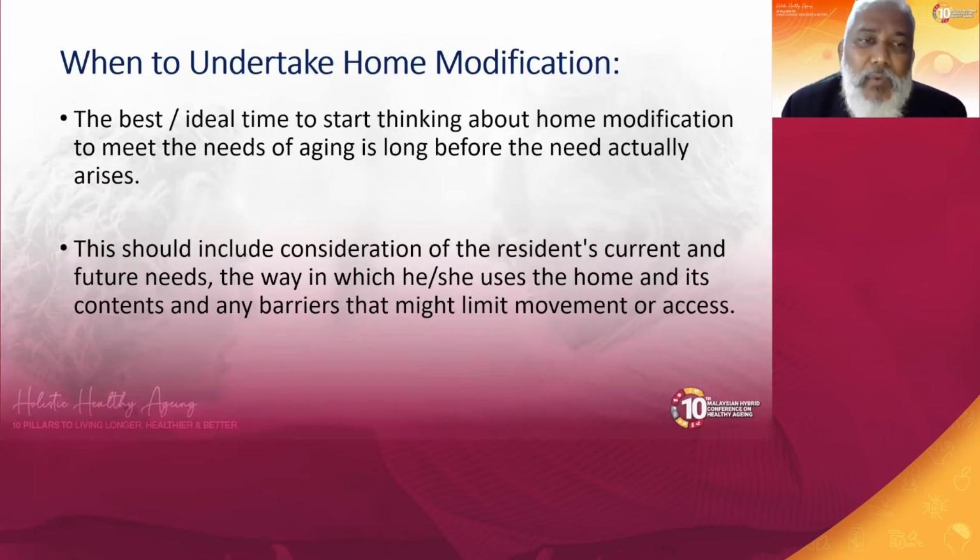Okay. When to undertake home modifications? There's a common question of when we need to do it. The best, ideal time to start thinking about home modification is when we actually build or buy a new house itself. Don't wait until we age, but start having friendly features in the house, so that everyone can use it when we get older.